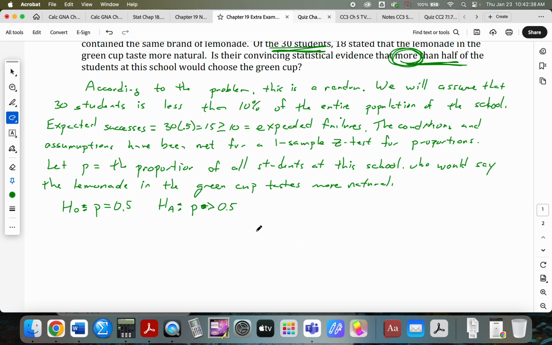All right. So let's do all the work for the z-test here. So what is the proportion that we actually observed? Well, it was 18 out of 30, which is 0.6.